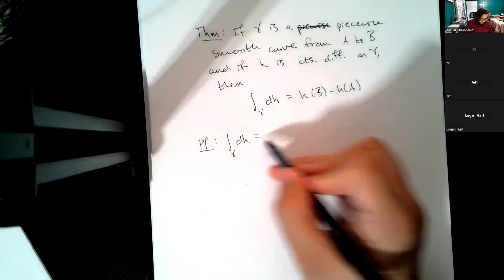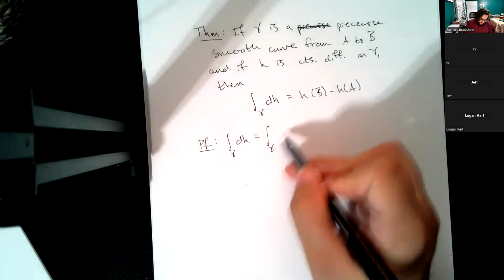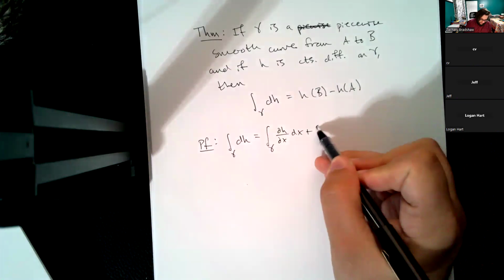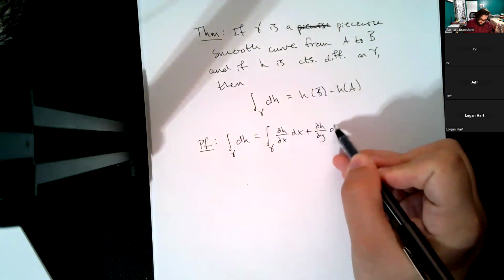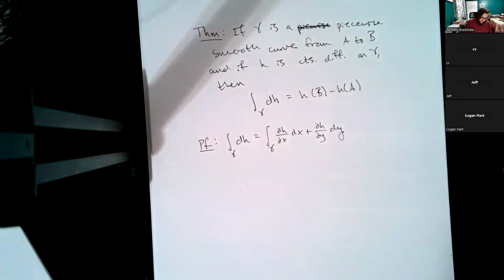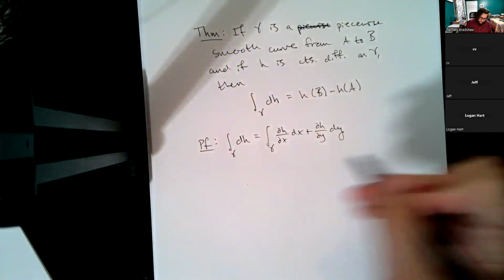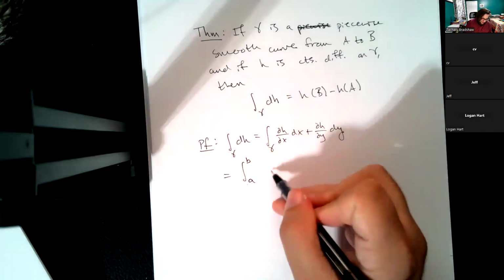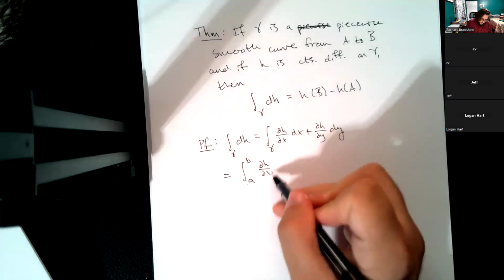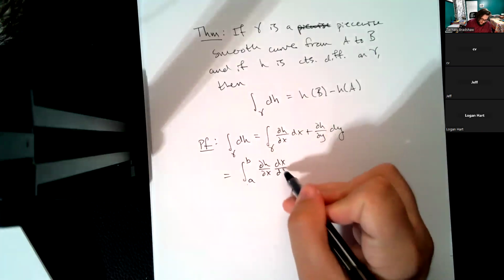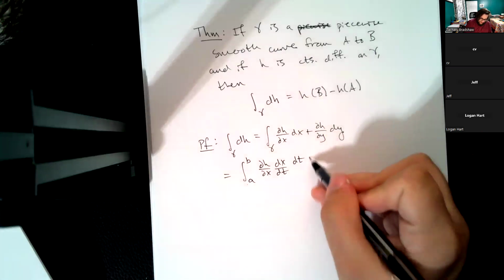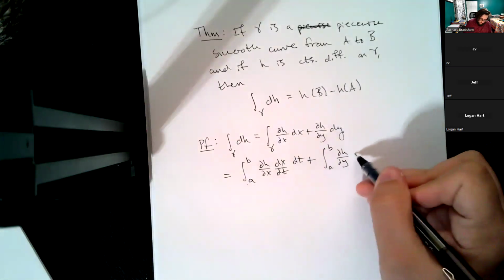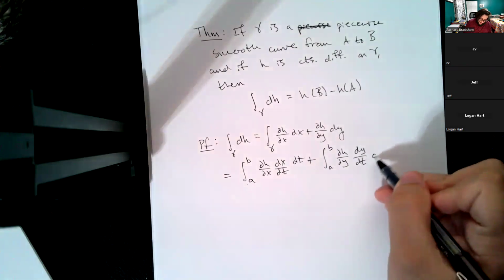The integral is equivalent to this guy. This is just the definition of the differential. And well, if we parameterize everything, this is equal to the integral from A to B of dh/dx dx/dt plus the integral from A to B of dh/dy dy/dt.